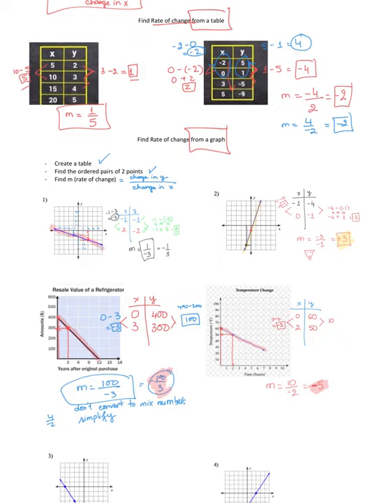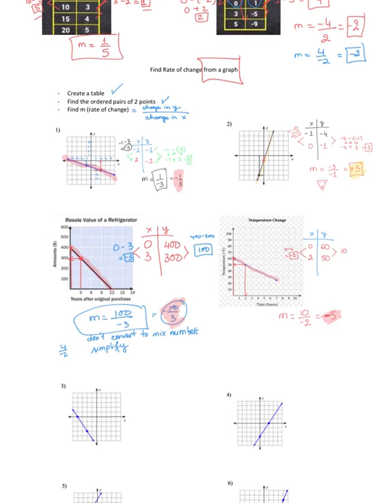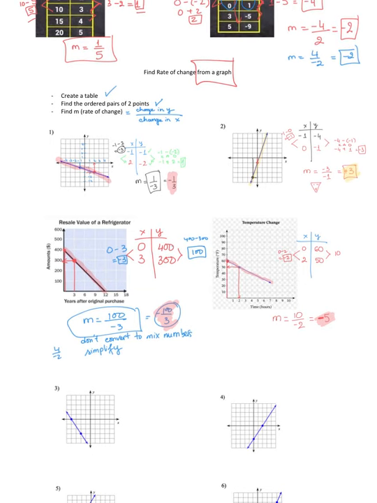This line going down, right? The answer is negative. So for number 3, you can see your answer will be negative. Your answer will be positive for number 4. That's how you can check your answer as well. I'm going to do 3 and 4, and then you're going to take care of the rest on your own, okay? To see if number 3 is negative and number 4 is positive or not.